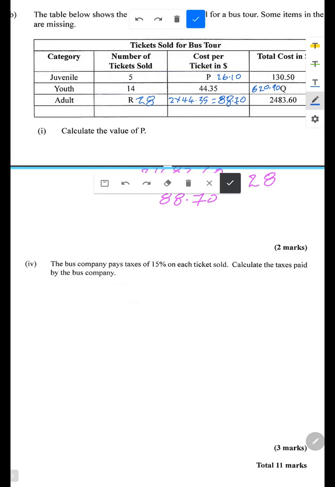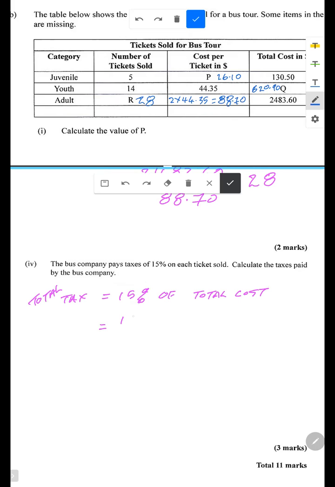So the total tax will be 15% of the total cost of all the tickets.